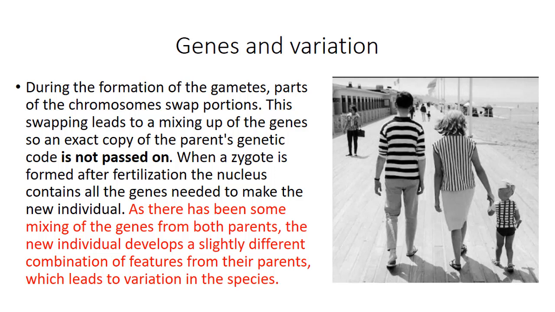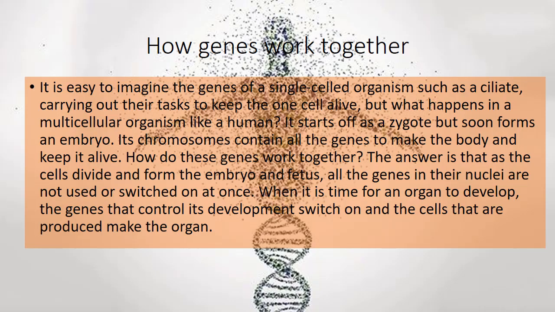So according to the dominant one, the new individual is going to have the height of one of their parents. She or he can be tall as dad or short as mom. That's the variation.